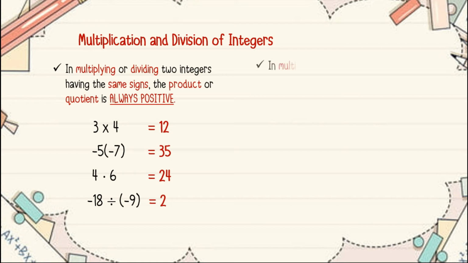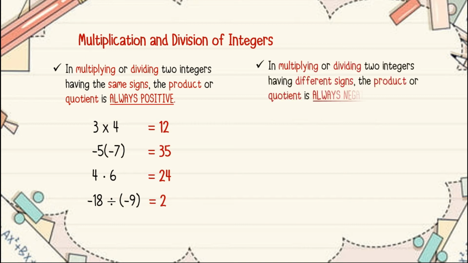The second rule states that in multiplying or dividing two integers having different signs, the product or the quotient is always negative. Example, negative 8 times positive 6. They have unlike signs, meaning to say the product will be negative.